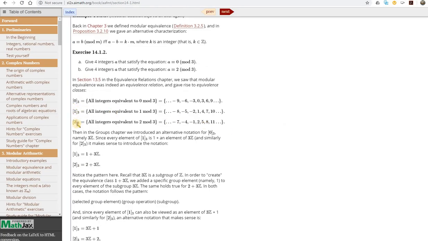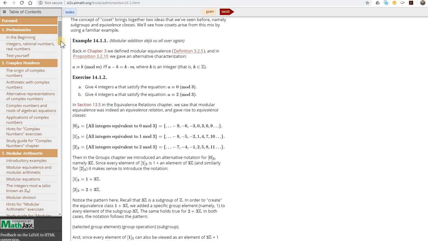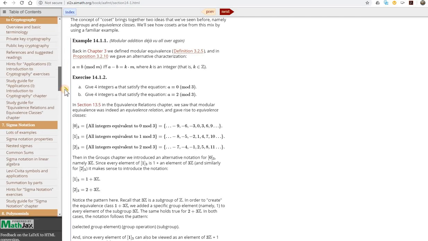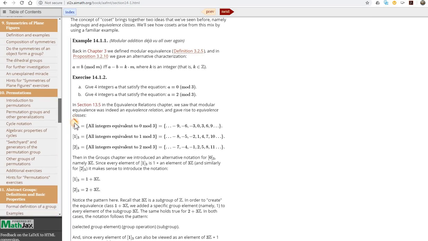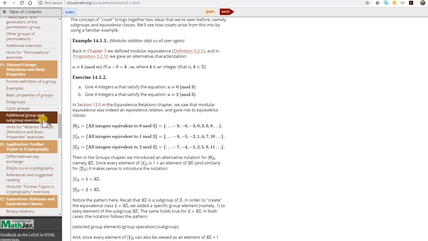It's right here. Square bracket? Yeah, right here. Oh, I thought we were talking about angle brackets. Oh, angle bracket. Angle bracket was the orbits. That was in cyclic groups. So cyclic groups is here.